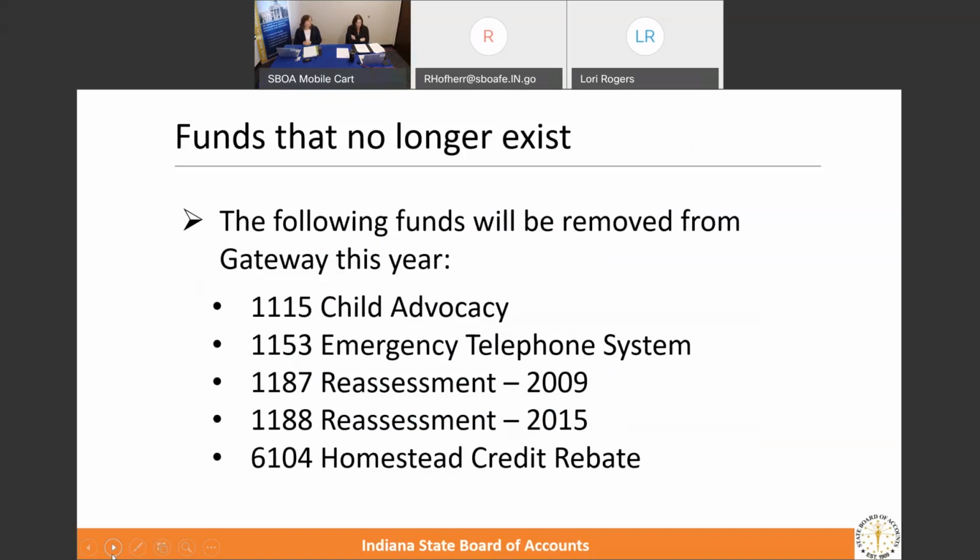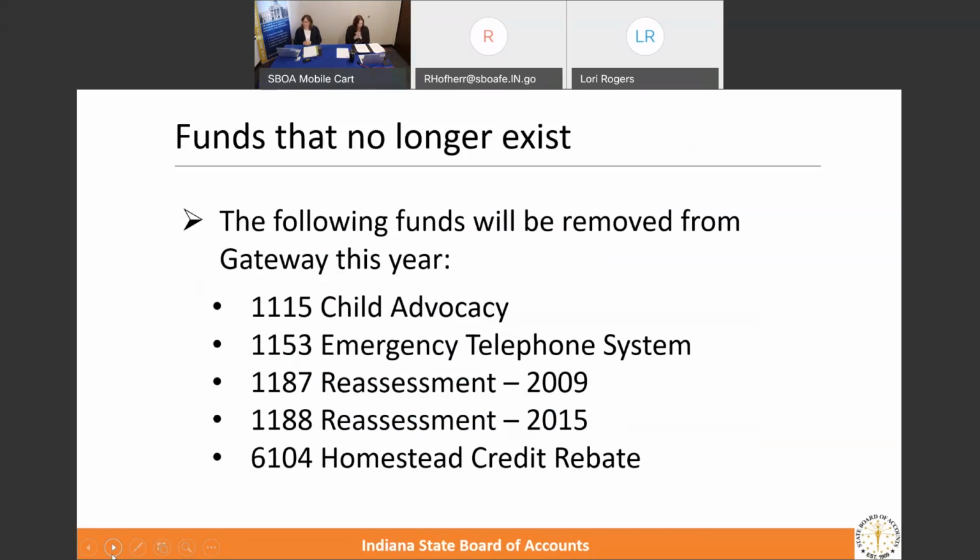So the 2 funds that have been established are now obsolete, okay? Any balance that is left in that fund should be transferred to the E911 fund, which is Fund 1222. All right, and only the statewide E911 fund should be used.